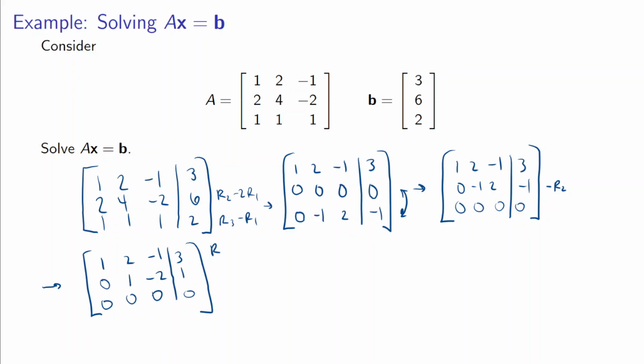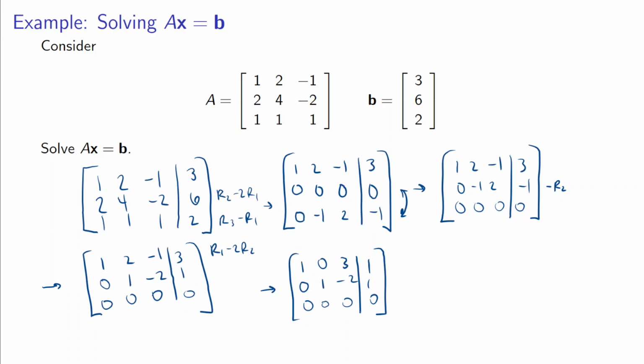So we'll have row 1 minus 2 row 2: 1, 2 minus 2 is 0, -1 plus 4 is 3, 3 minus 2 is 1, and then 0, 1, -2, 1, 0, 0, 0, 0.